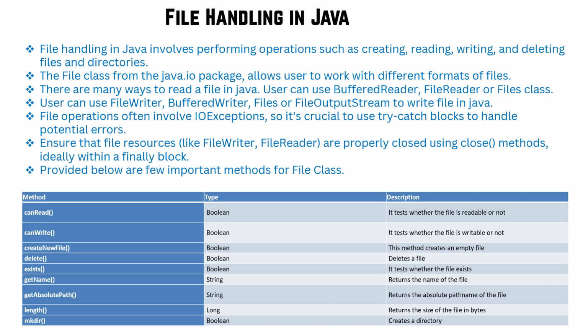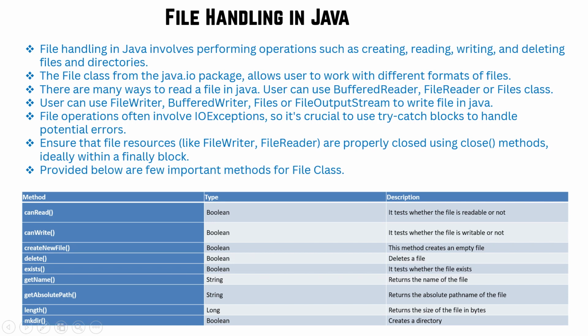We can use IOException or Exception. Whatever file classes you use for file writing, make sure that those objects are closed at the end. Ensure that file resources like FileWriter and FileReader are properly closed using the close method, ideally within the finally block.